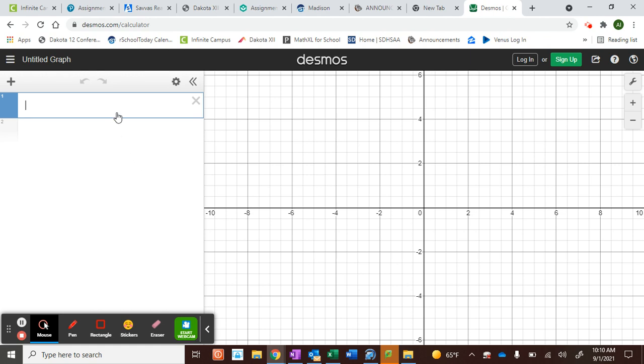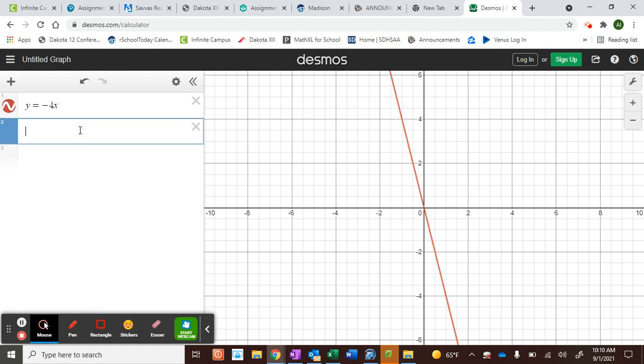Okay? So I'm going to graph y equals -4x. It makes a line like that. And then I'm going to make a second graph of y equals the sine of x. And it looks like that.